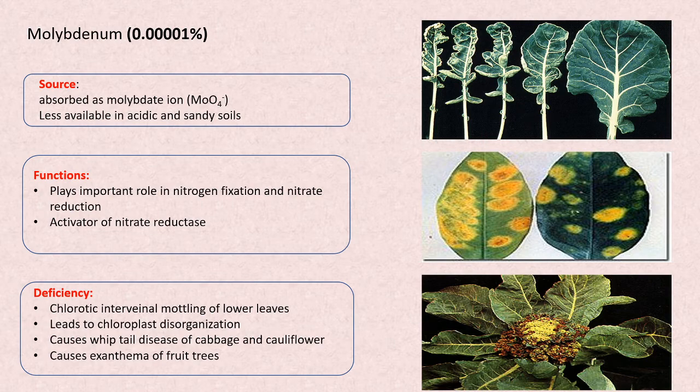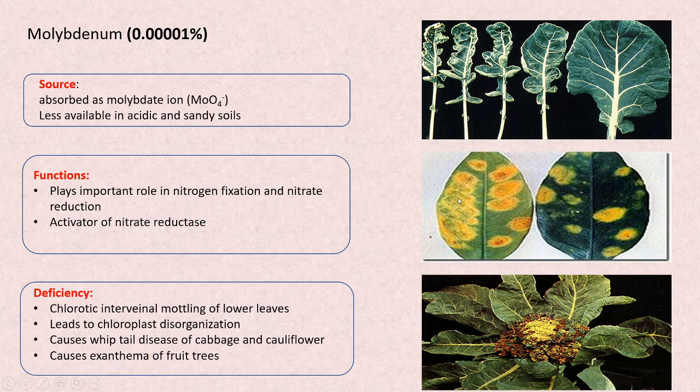Deficiency symptoms are chlorotic intervenal mottling. You can see here intervenal mottling. The leaf structure is changed completely. This is called mottling of the leaf. So chlorotic intervenal mottling of leaves is observed as a deficiency symptom of molybdenum and leads to chloroplast disorganization.